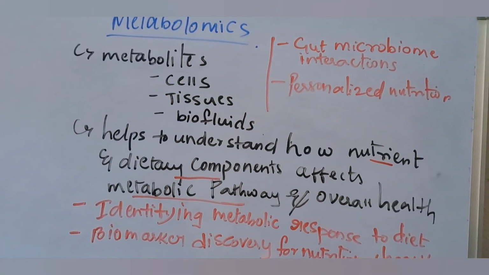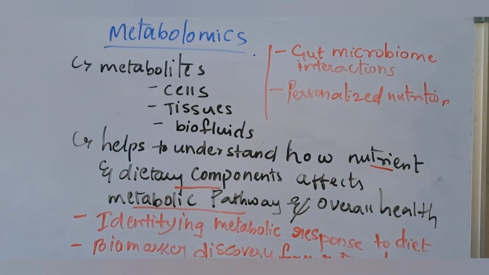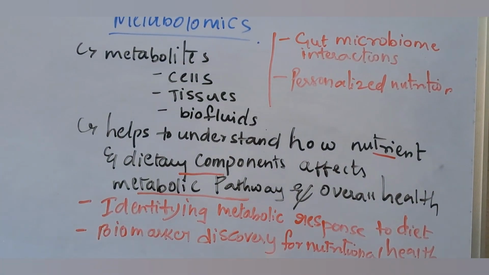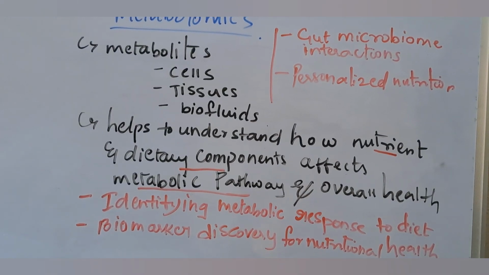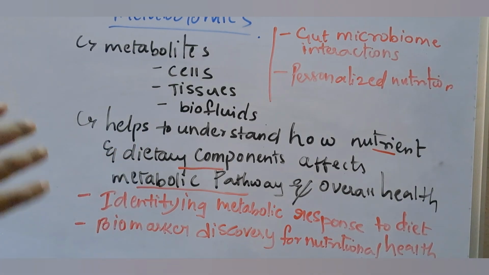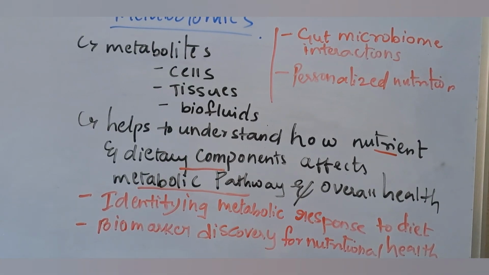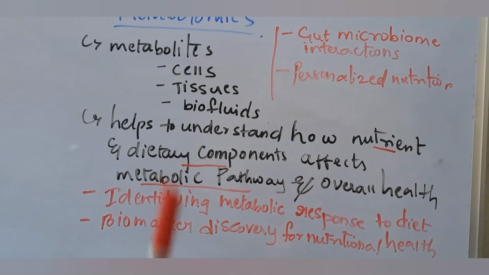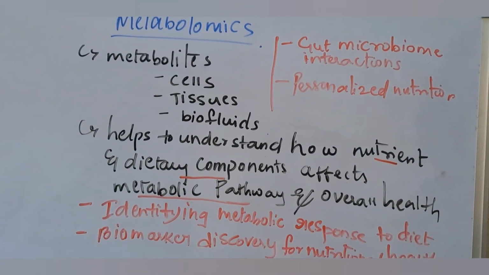For example, increased branched chain amino acids are linked to insulin resistance. How will you identify that you have insulin resistance? By knowing the increase or decrease of the BCAAs, that is branched chain amino acids. That is the best example of biomarker discovery for nutritional health.